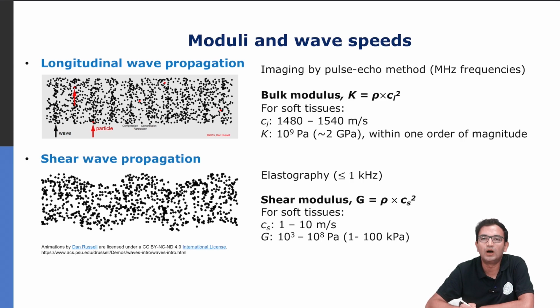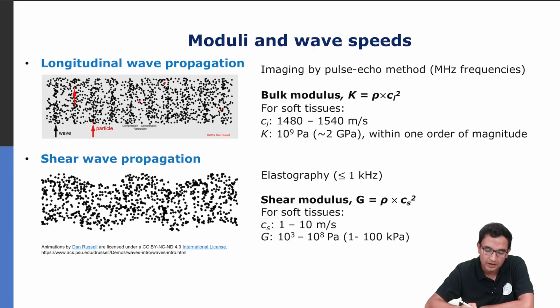So, if you look at the differences within the soft tissue, the variation is only within one order of magnitude. Therefore, it may not be able to generate significant contrast. You may have two different types of soft tissues, but the elastic contrast may be limited when we perform imaging by exploiting the bulk modulus.